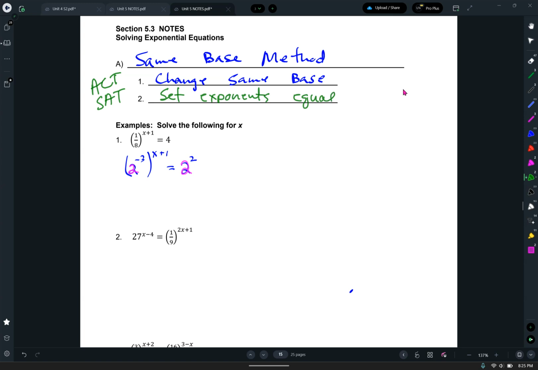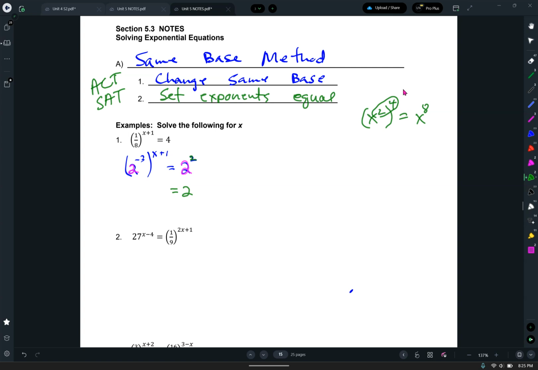But you have to be careful because, yeah, the exponent on the right is just 2, okay? What's the exponent on the left? Well, if you have an exponent being raised to another exponent, how do you combine those exponents? For example, if I have x squared and I raise it to the 4th, how do I combine those? Don't I just multiply? Wouldn't it become x to the 8th?